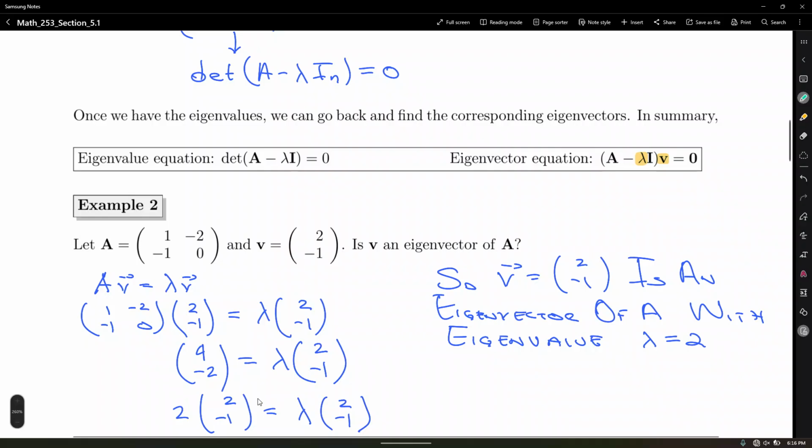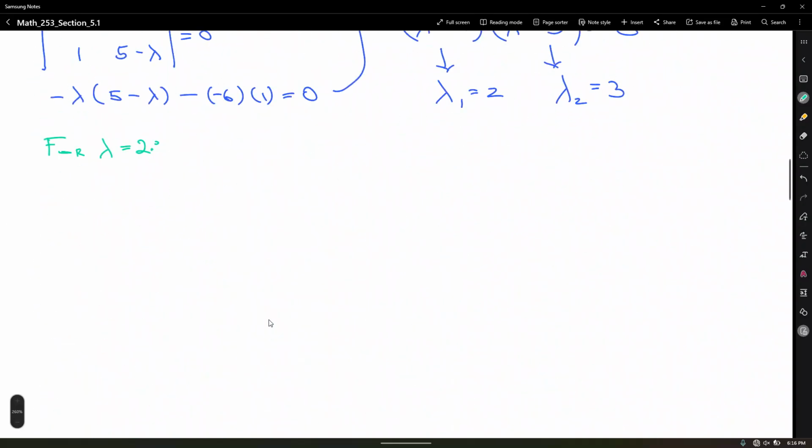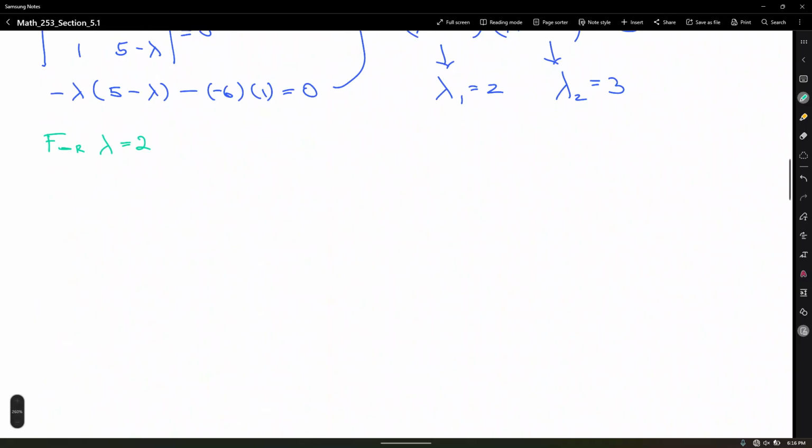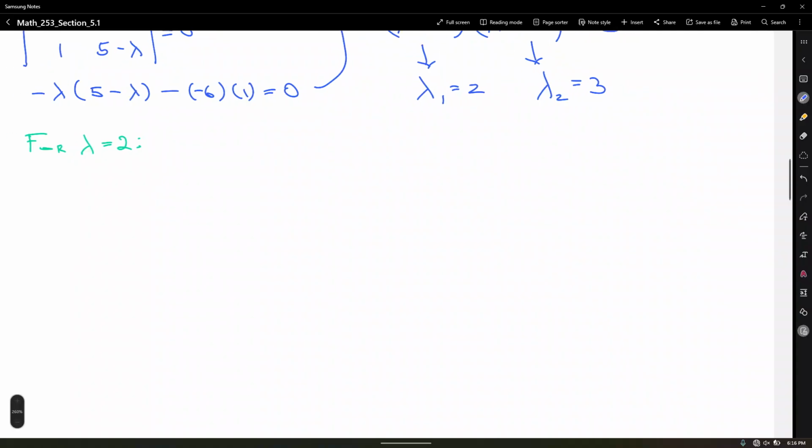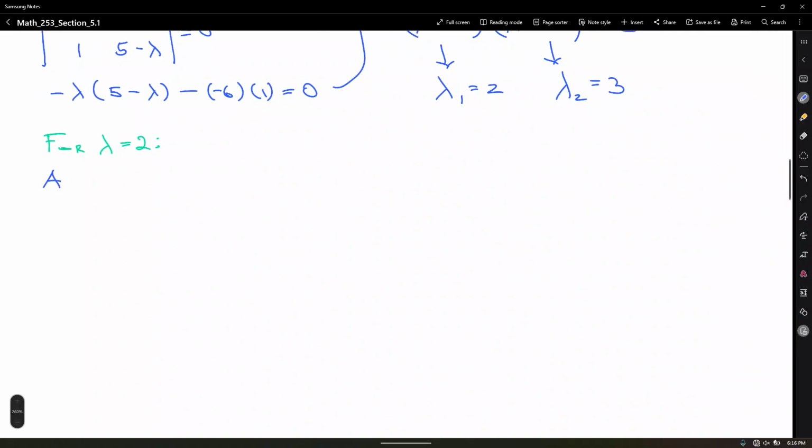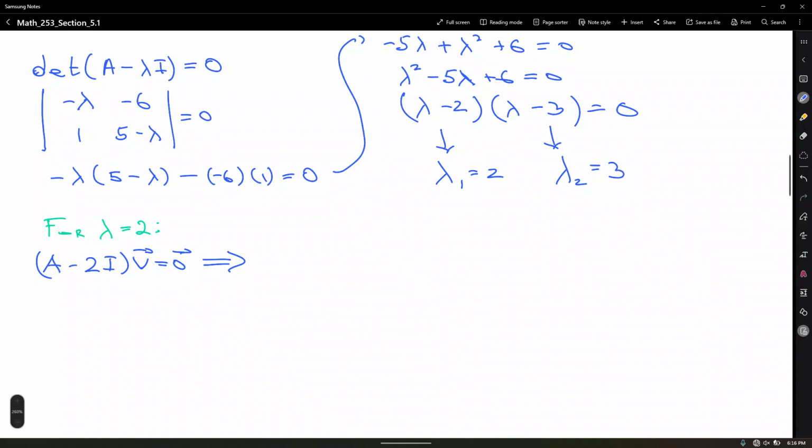Let's set up the equation first. Guys, this is going to be quite a bit of notation, so it's very important that you follow it. I'm going to go with A minus 2I times V equals the 0 vector. Let me write this as a system of equations. We're going to use this matrix as a starting point to substitute this lambda.